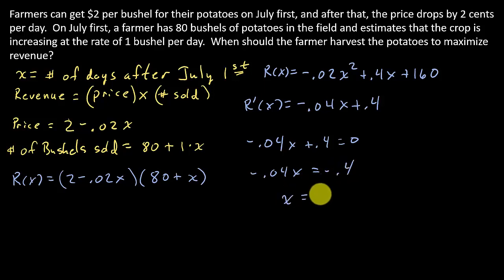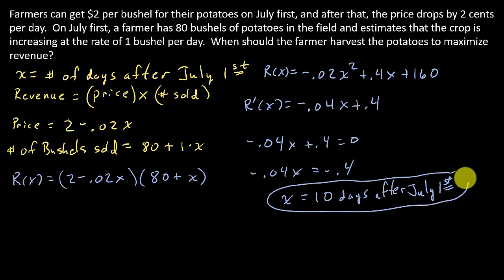And so that's x equals 10. And so what is that? That is 10 days after July 1st. So that's when he needs to harvest the potatoes to maximize his revenue.